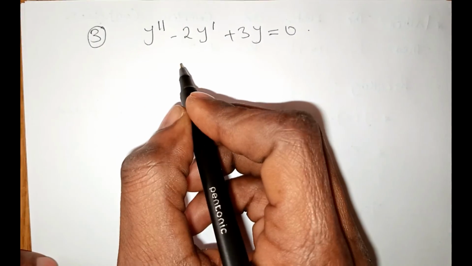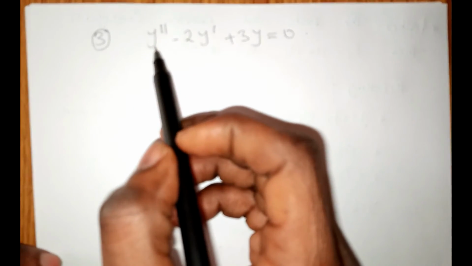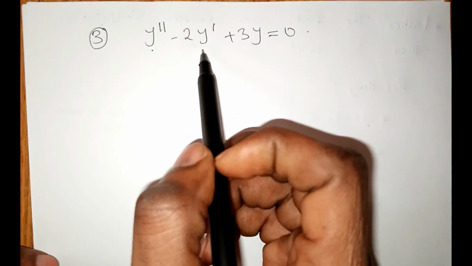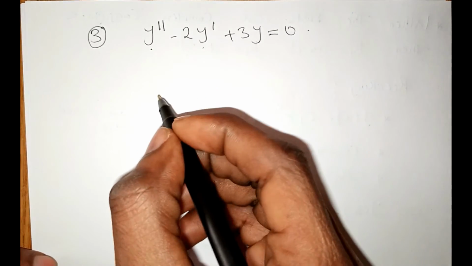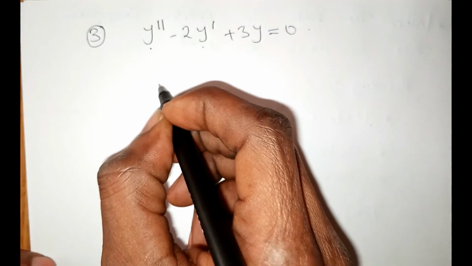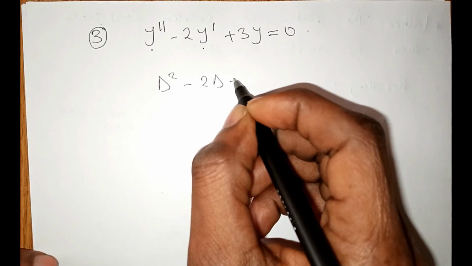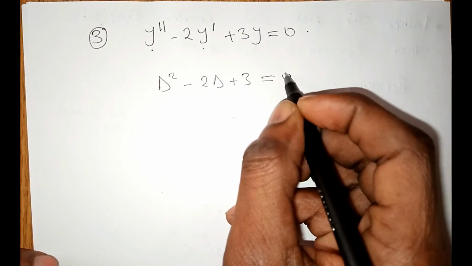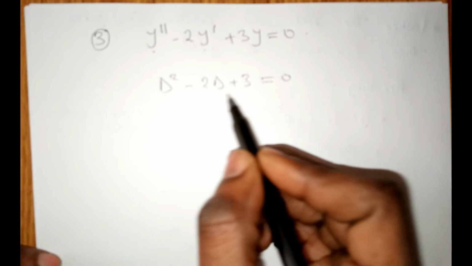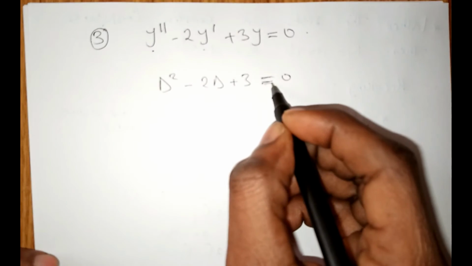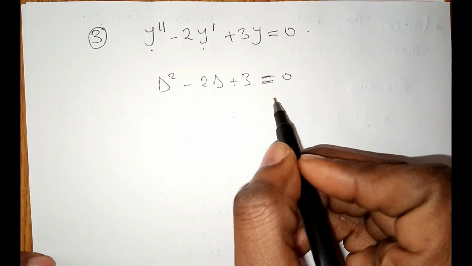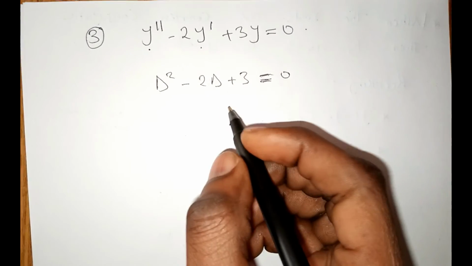So this is the same thing as the second derivative of y, this is the first derivative of y. We can just choose to write it as D squared minus 2D plus 3 equals 0, or we can write it in terms of any letter. It actually doesn't matter as far as the solution is correct.